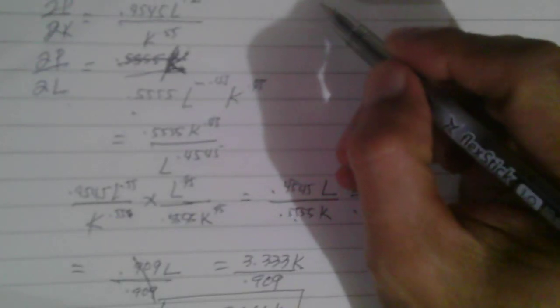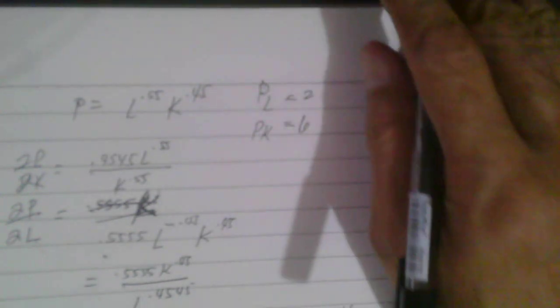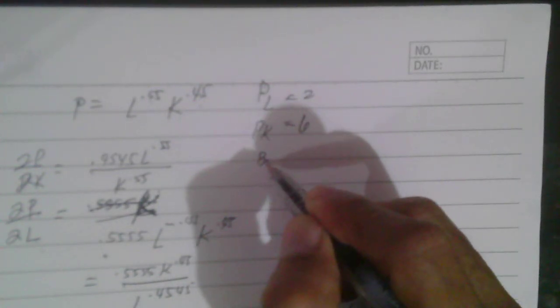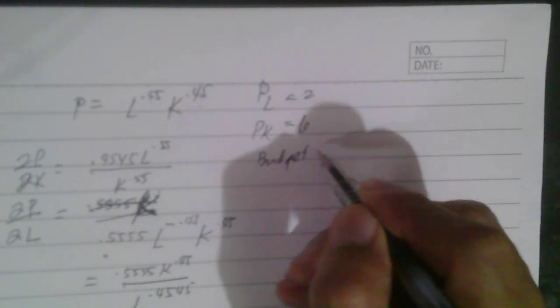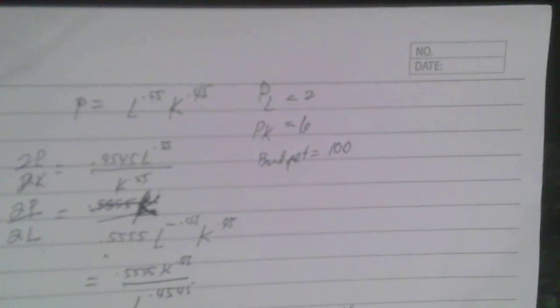You can use this with your budget. Let's say the budget is assumed to be 100. I am investing with an investor. Let's say 100. So you will have 2L plus 6K equals 100.